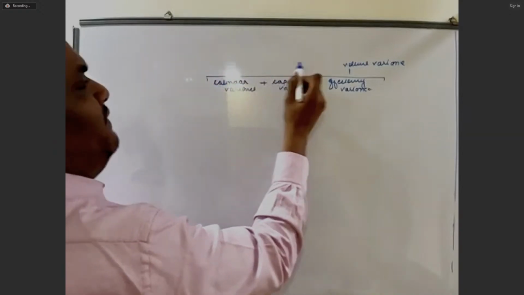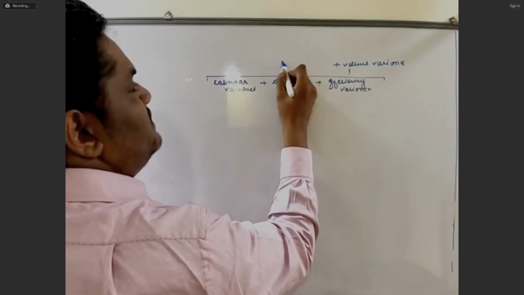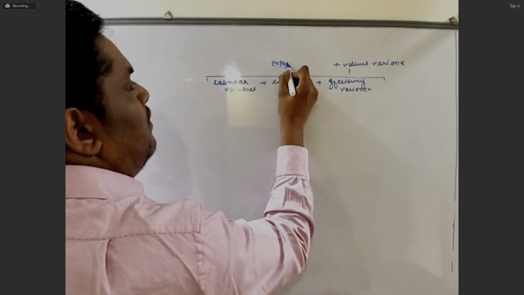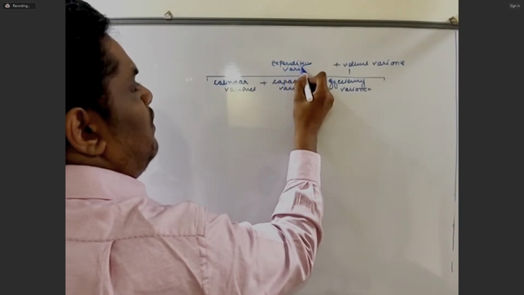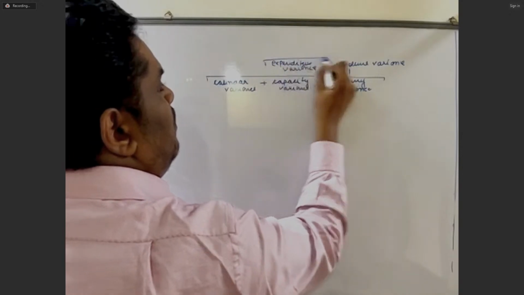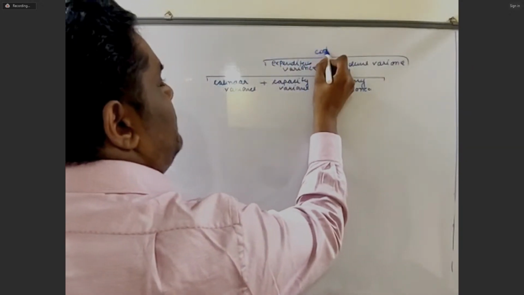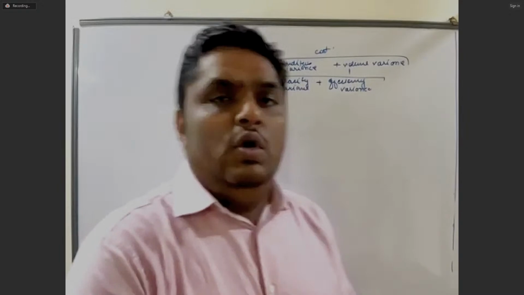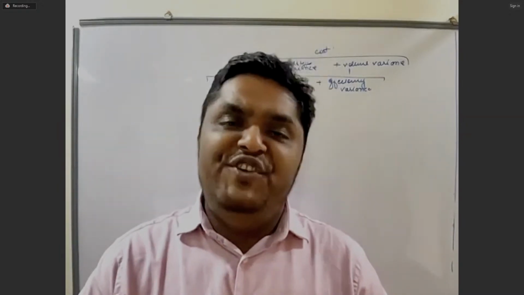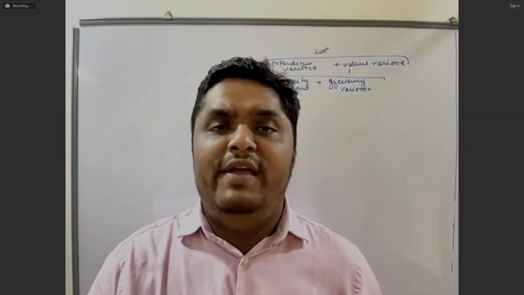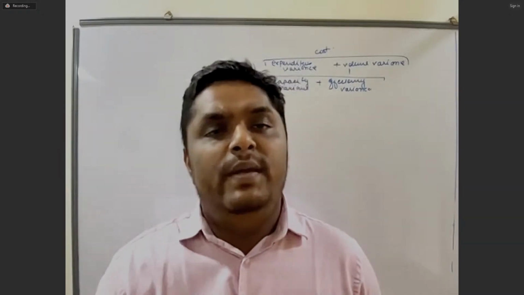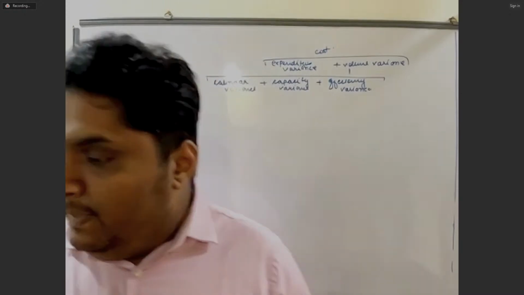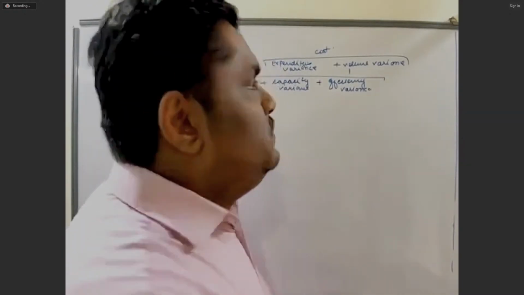And expenditure variance plus volume variance will be my cost variance. So capacity variance plus efficiency variance plus calendar variance will be my volume variance, and volume plus expenditure will be my cost variance. So this is all about fixed overheads.